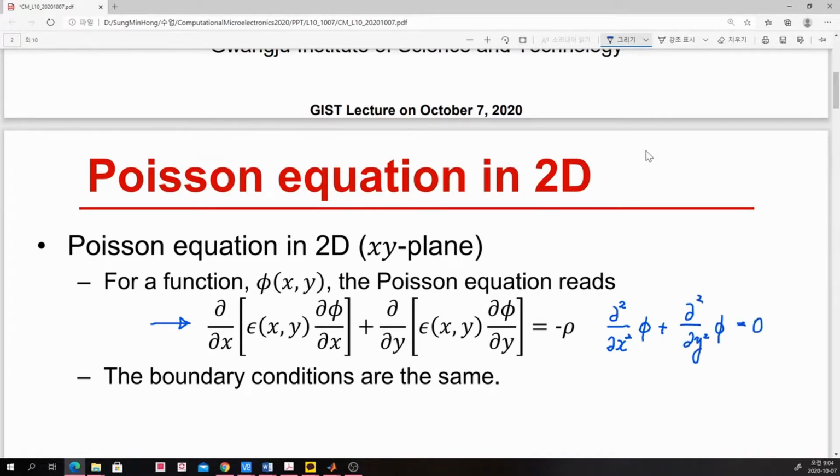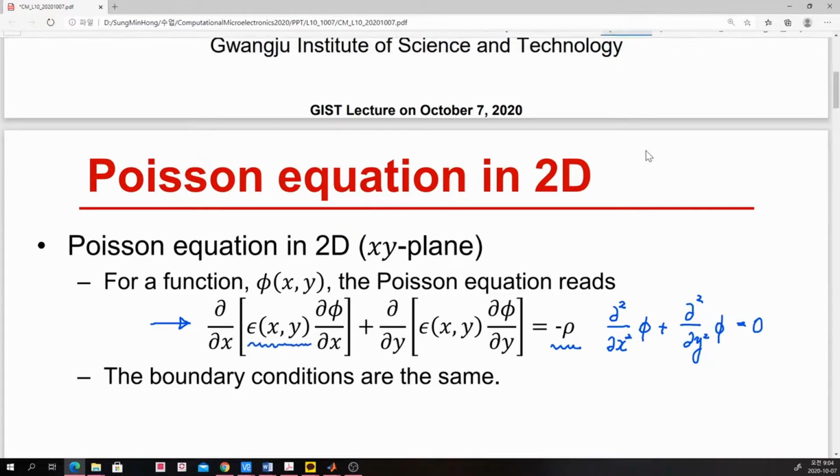So you can easily understand there occurs a, in general, non-zero source term, and we can also have position dependent coefficients in front of the first derivatives. In the rigorous sense, this is not the Poisson equation, but we all understand that this is just a name for this equation, the generalized Poisson equation.